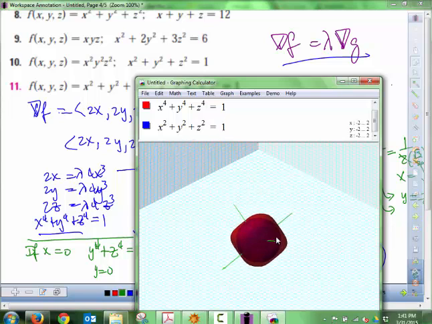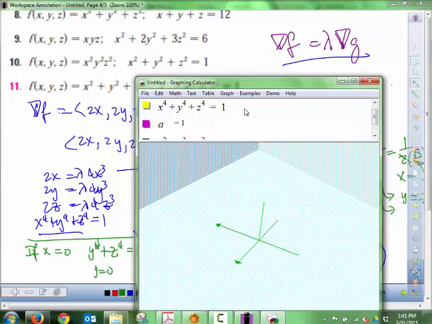And I see that these surfaces don't seem to intersect here. Oh, what if I... Yeah, one's inside. What if I made this yellow? So to really see a better effect here, oh, too fast.